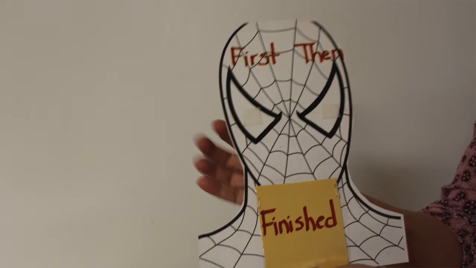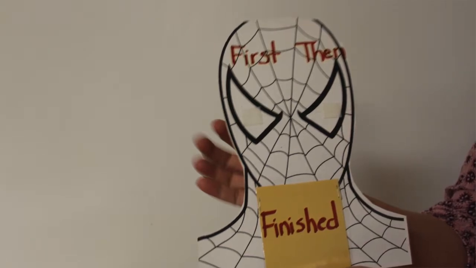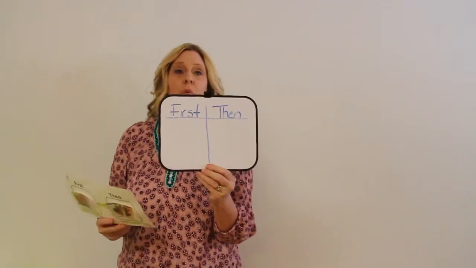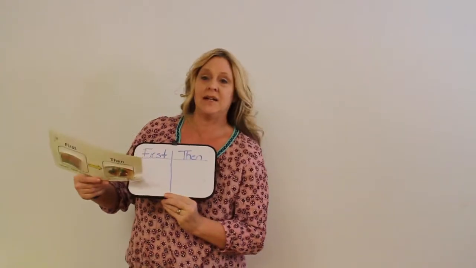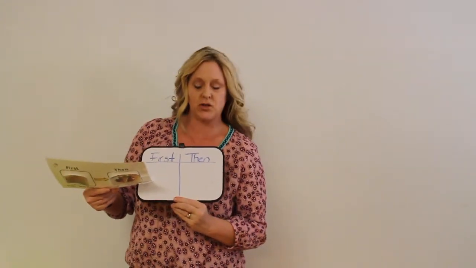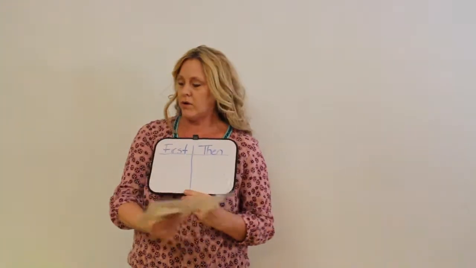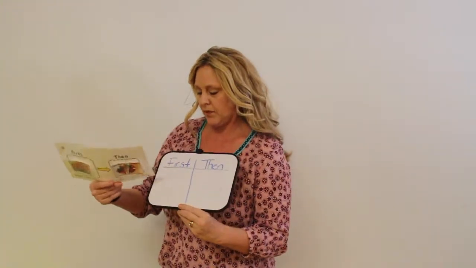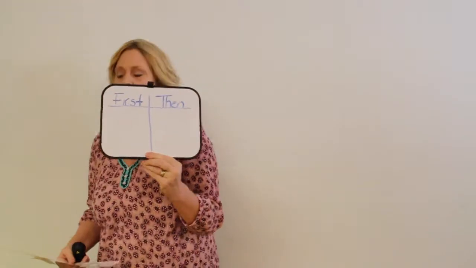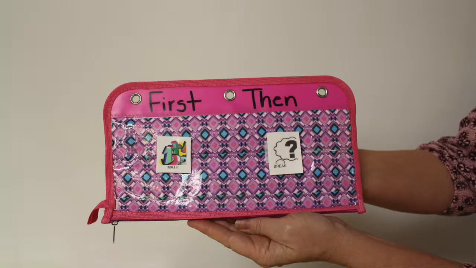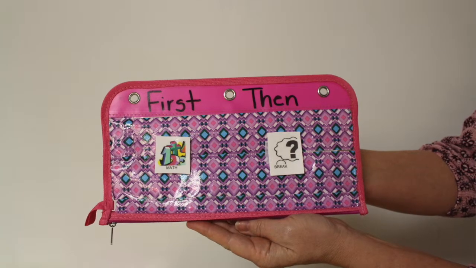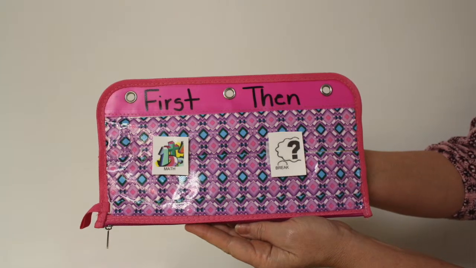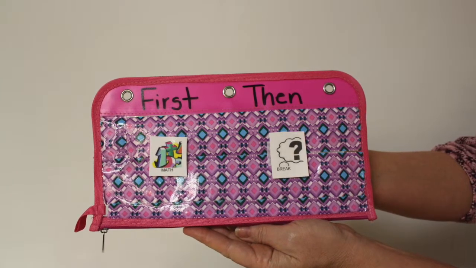This is what motivated him. Here is also just a dry erase board. You can write it in. You could have them try to draw a picture of what they're going to do first, then what's the reward or what's going to be reinforcing for that first task to be completed. So again, there's no right or wrong way. You can go online, like I said, in Google and get numerous ideas on how to do that.